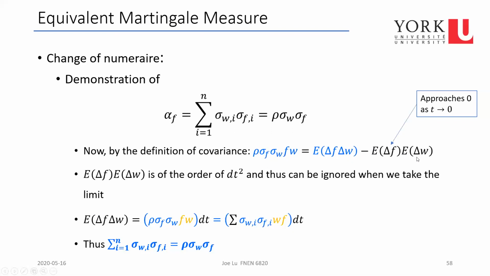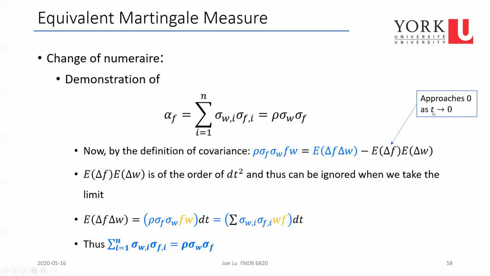Now from this definition of covariance, we see that this part actually drops out in continuous time, because as time approaches 0, what is this part? The expected value of delta F is this, the first part related to dt. And here it's also related to dt. So together, they're related to dt squared.